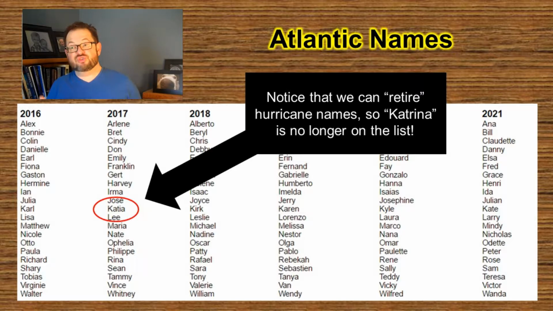Hurricane Katrina was in 2005, and the name was retired. So between then and 6 years later, which would have been 2011, they pulled out the name Katrina and put in Katja instead. Then you can see that name is on the list for 2017 again. There are other names missing there, as I noticed here. That was also the year of Hurricane Wilma, and Wilma has been replaced by Whitney on this list.